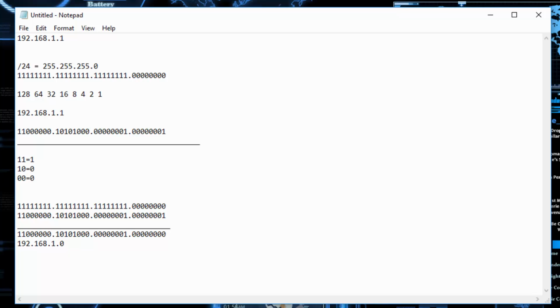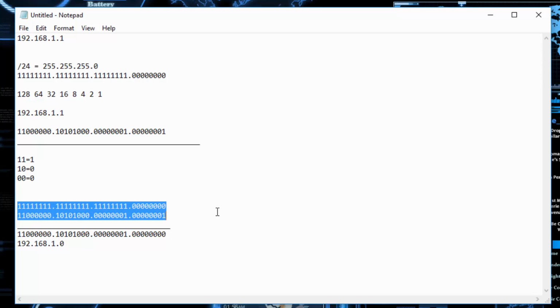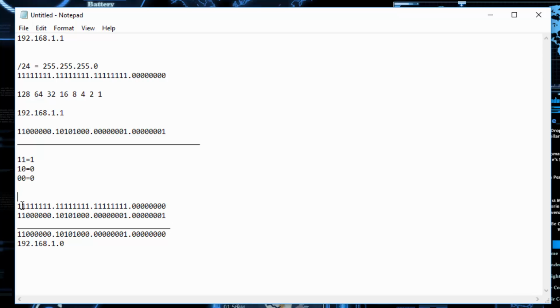So basically, what happens here is the router does an AND. It looks at the IP address and the subnet mask, and it puts one above the other. It doesn't really matter which one you put on top, you just need to put one above the other. Both of them have 1s for the first one, so it's 1. Both of them have 1s for the second, so it's 1.